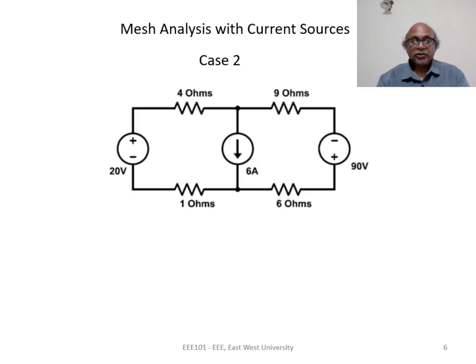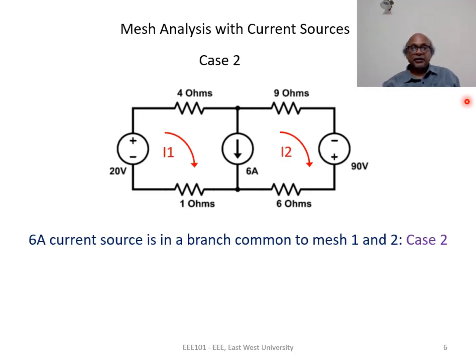In this circuit, we have a 6 ampere current source which is common to two meshes. The mesh currents are I1 and I2. 6 ampere is in a branch common to both meshes, so this is an example of case 2. If we look at mesh 1, there is a current source. If we look at mesh 2, there is again the current source.